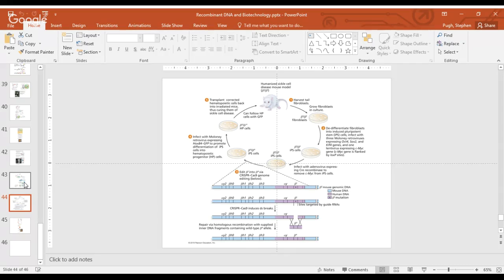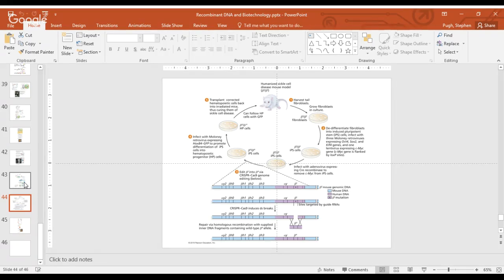And what we want to be able to do is to get these cells to develop into blood cells, into red blood cells that will have the right kind of hemoglobin. And so these cells can be manipulated using the CRISPR-Cas9 system. We can insert into the DNA in these stem cells the DNA sequence for the normal hemoglobin, and that's indicated at the bottom part of this diagram.